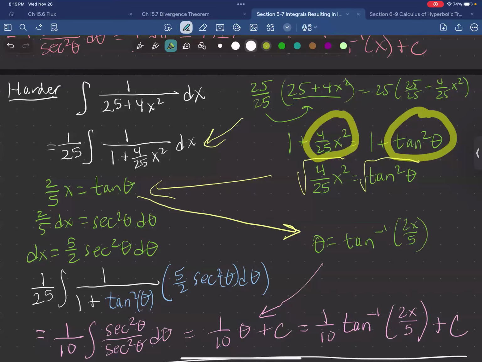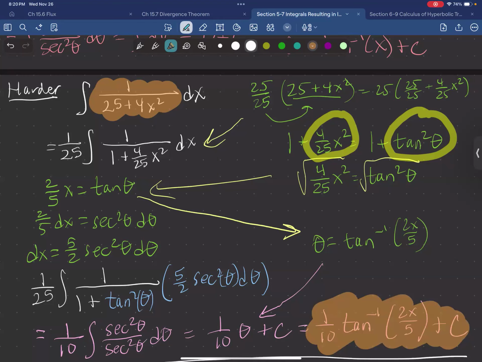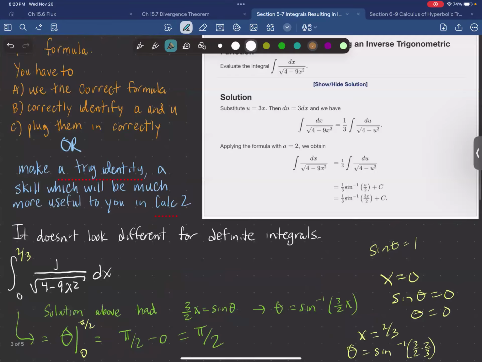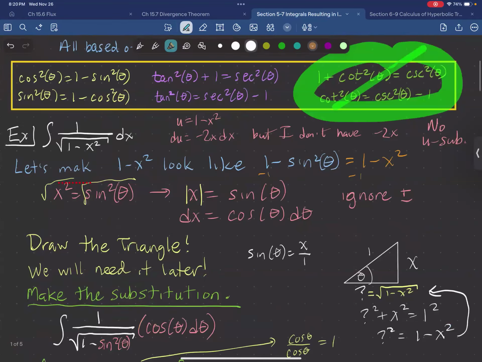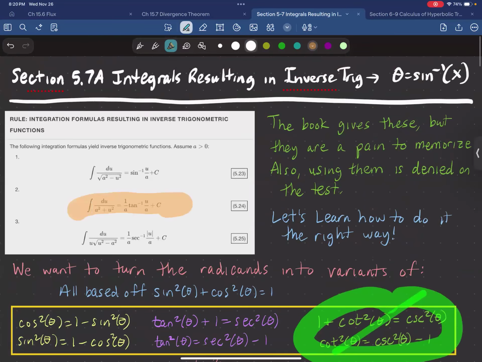So we started with this. We ended with this. Does that look easily doable using that formula right there?